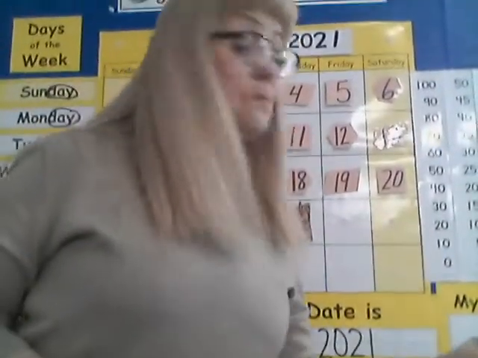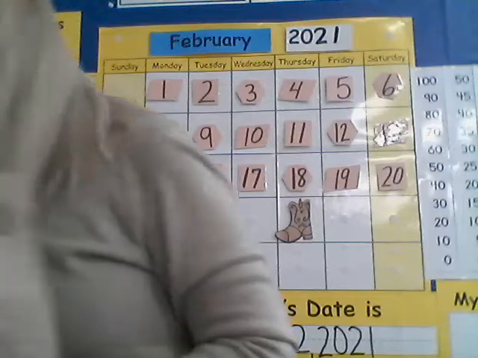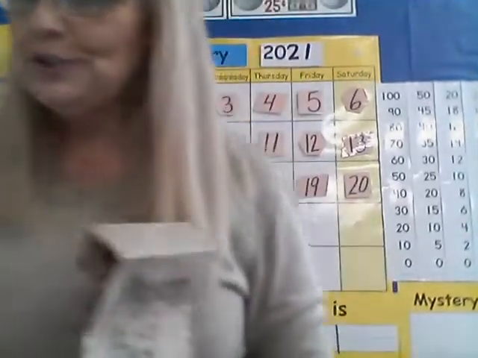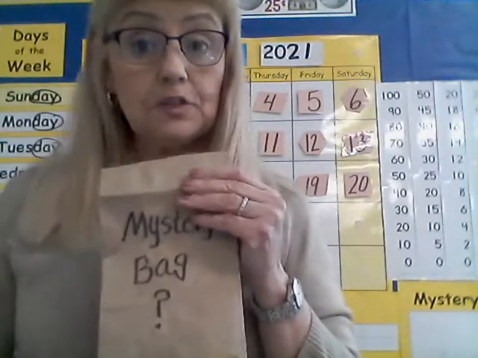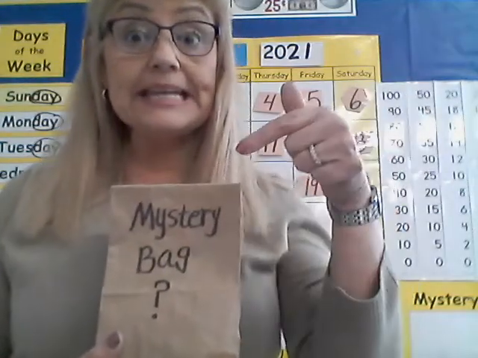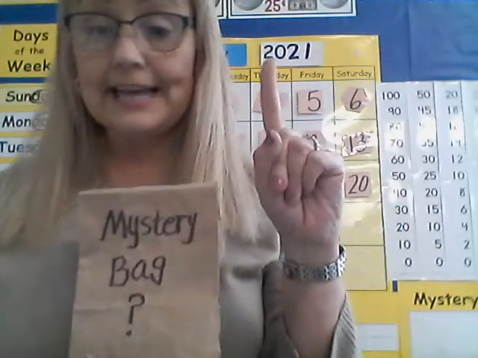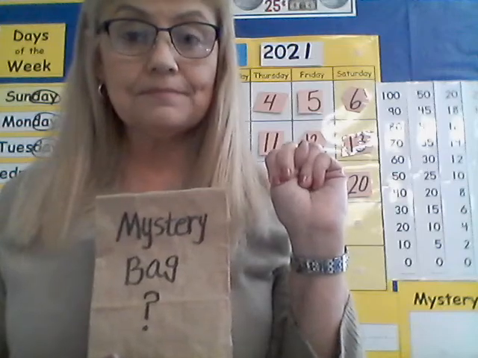It is now time for our mystery bag. Dun, dun, dun. So please go ahead and turn on your morning brains and listen for my clues. So friends, today in my mystery bag, I first placed 8 dimes and 2 pennies.